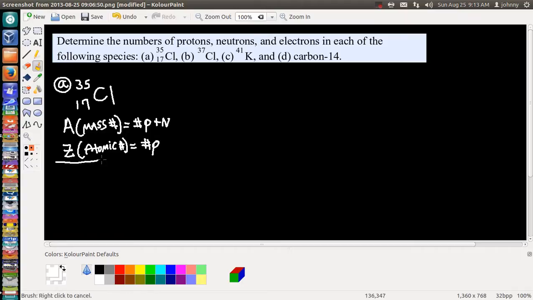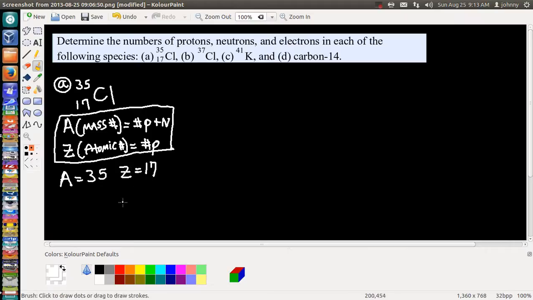We know that the A value is equal to 35. We know that our Z value is equal to 17. Now that does not right off the bat tell us the number of neutrons or electrons, but it is helpful in telling us how many protons we have.